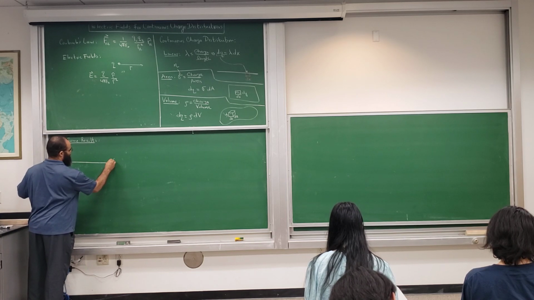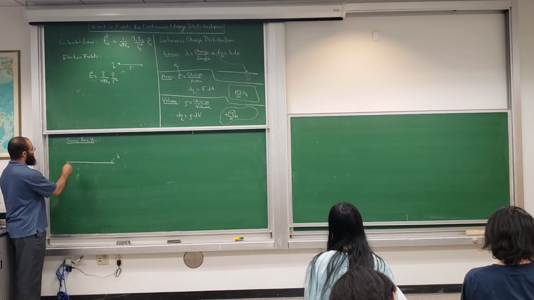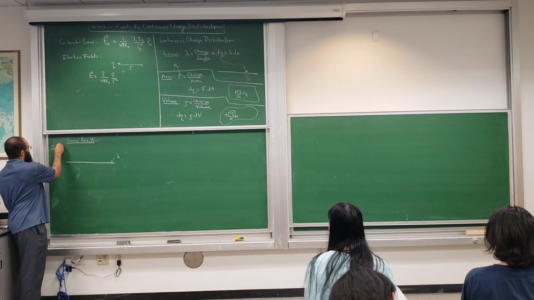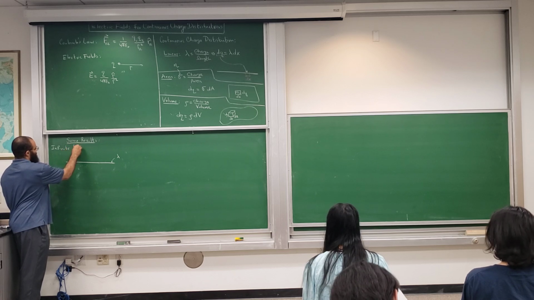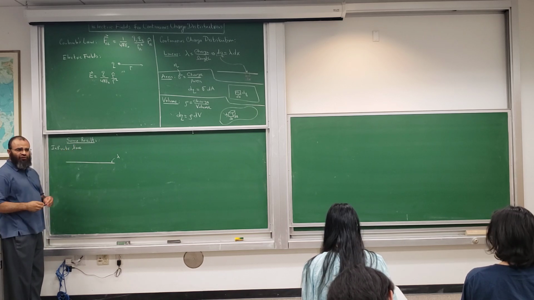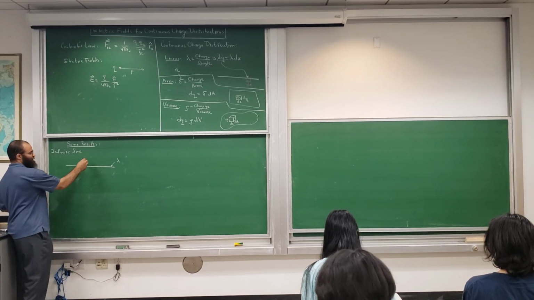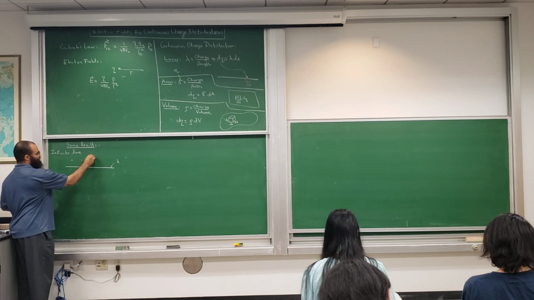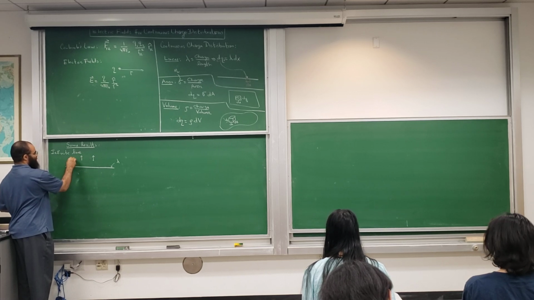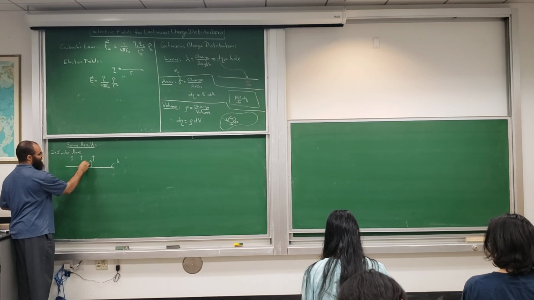So let's say this is lambda, an infinite line of charge. Then the electric field, if the line is positive, will just point away from it. Let's say the distance from here to here is r.